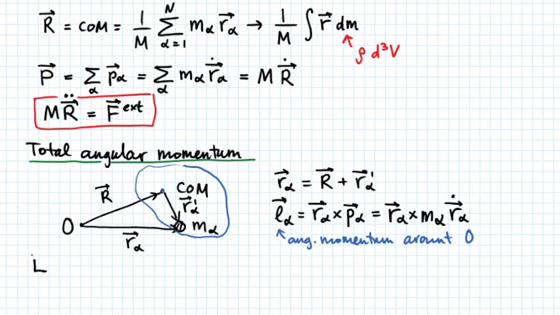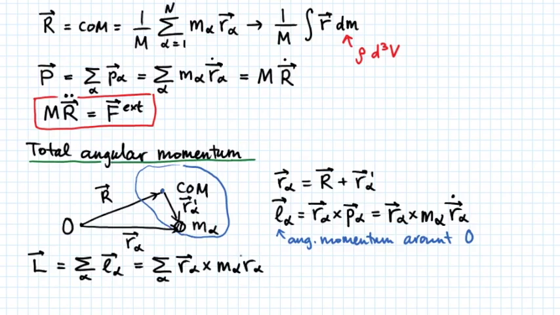Next, we write the total angular momentum of a rigid body, which is simply a sum of the angular momenta of all individual chunks, L sub alpha, or the sum of all r alpha cross m alpha r alpha dot.